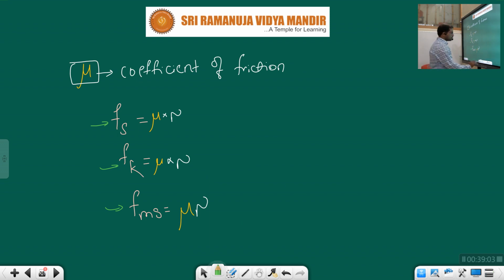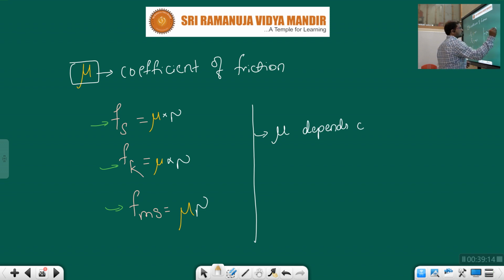Okay, children, and an important point is that this mu value, the coefficient of friction, depends on the material. Mu acts between the surfaces of contact only, but those surfaces have different kinds of materials, and different materials have different mu values.